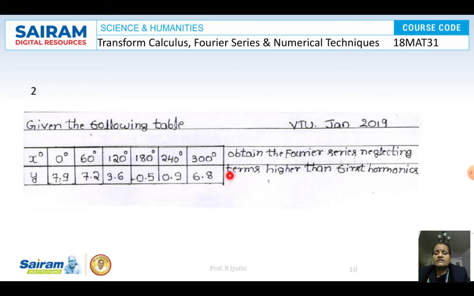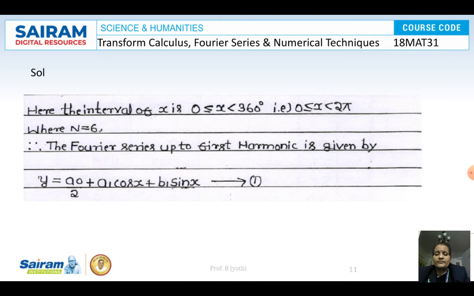Either the first value or the last value is considered; usually we consider the first value, that is 0, and omit the 360. Now the question here is to obtain the Fourier series neglecting the terms higher than the first harmonic. That means we need to find a0, a1 and b1.